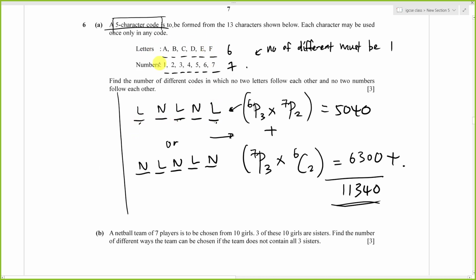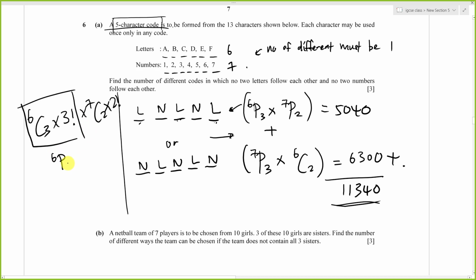I can do 6 letters, I choose 3, and then I arrange all the 3 letters, which is 3 factorial. And then after that, I still need to choose 2 numbers, so I will do 7 choose 2, and then I still need to arrange 2 numbers, which is 2 factorial. But if you understand permutation, you know 6C3 times 3 factorial is actually equal to 6P3.